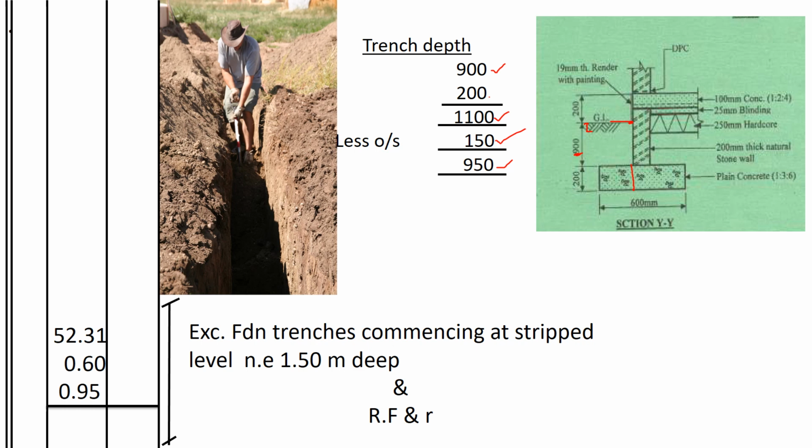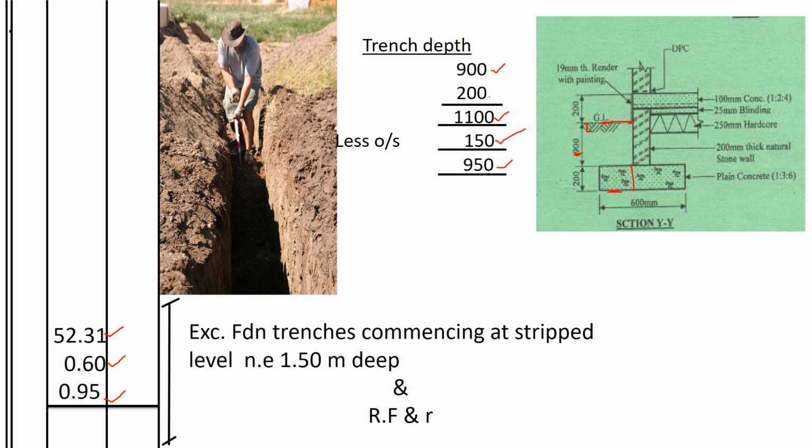So the volume of the soil that we shall excavate for the foundation trenches, we shall take the center line of the walls, we multiply by the thickness of the trench, we multiply by the depth of the excavation, from ground level to the bottom of the trench.